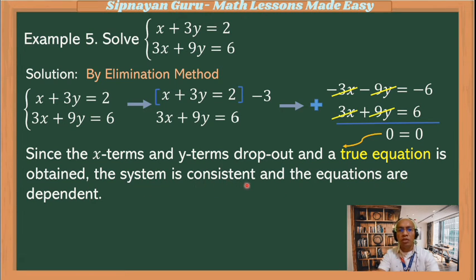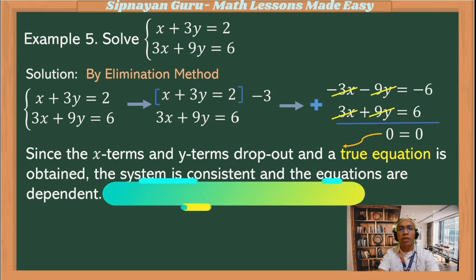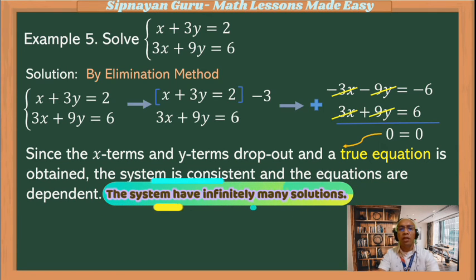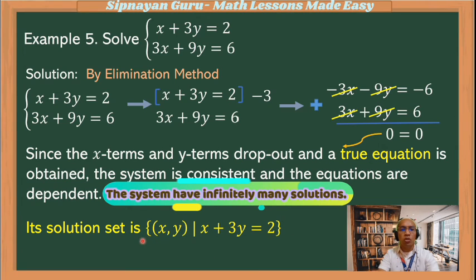This is the graph of coinciding lines, which means there are infinitely many solutions. So the solution to this system is a coordinate x and y such that x plus 3y is equal to 2, or it can be the second equation, 3x plus 9y is equal to 6.